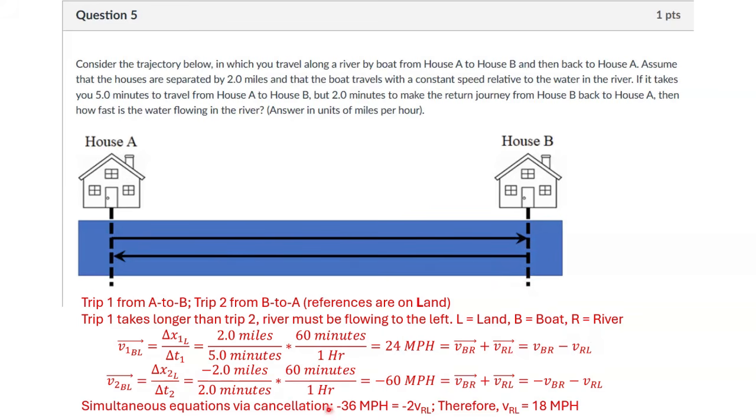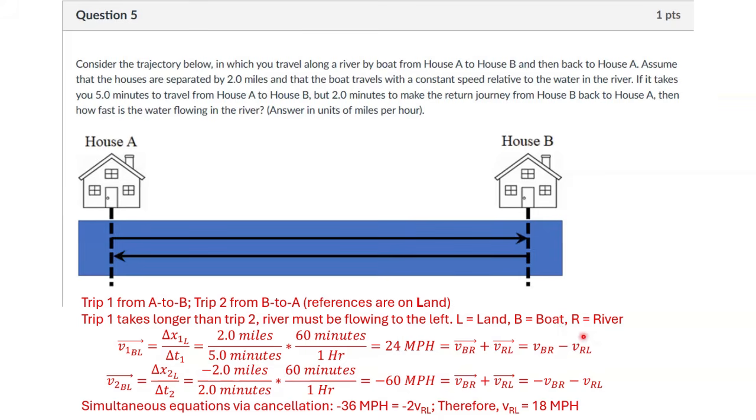On the second one, we had negative 60 miles per hour. In that case, we were traveling left. So our velocity of the boat relative to the river would have been negative the speed of the boat relative to the river, because speed is the magnitude, negative is the direction, and the river should still be flowing left. So the speed of the river relative to land is still in the negative direction.